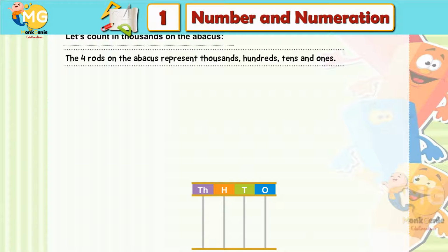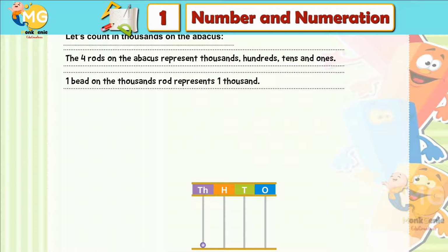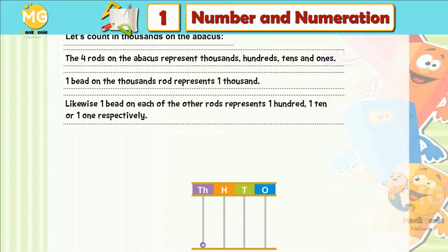Let's count in thousands on the abacus. The four rods on the abacus represent thousands, hundreds, tens and ones. One bead on the thousands rod represents 1000. Likewise, one bead on each of the other rods represents 100, 10 or 1 respectively.